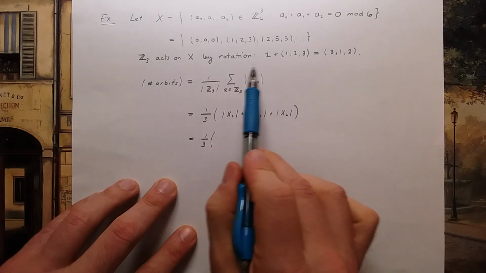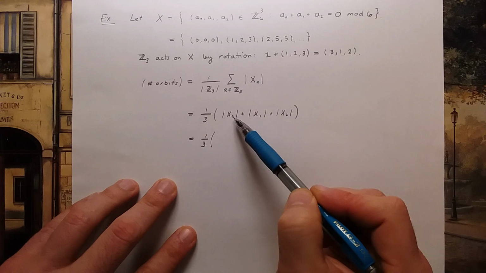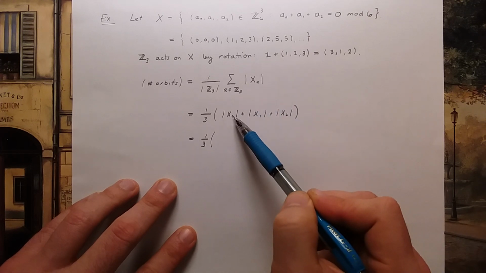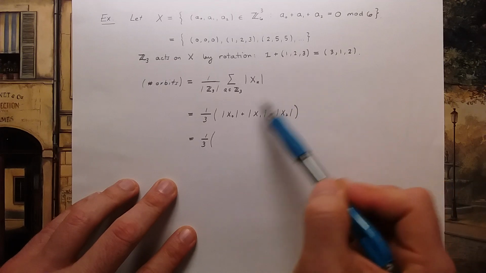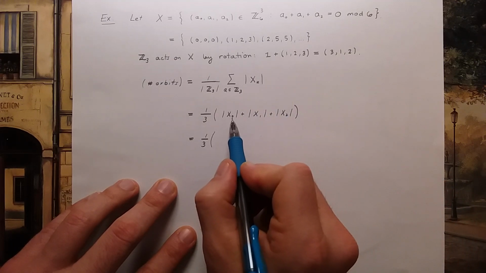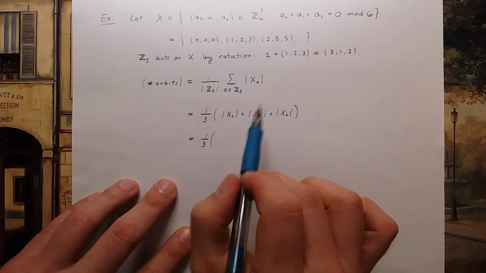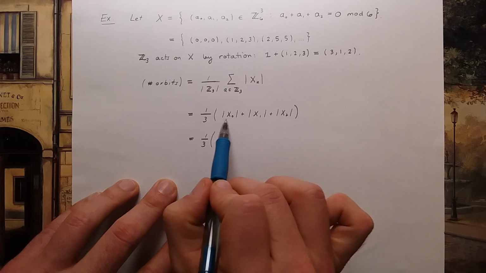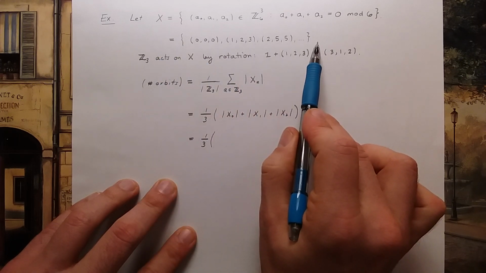So how many elements in X are fixed when I add 0? If I apply 0, I'm not rotating anything. That's the identity element. Part of the definition of a group action is that the identity element changes nothing. So the size of this set is actually the size of X itself.